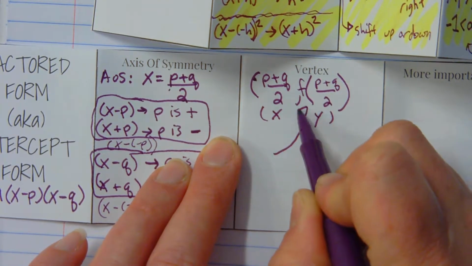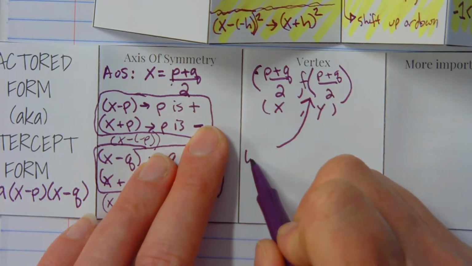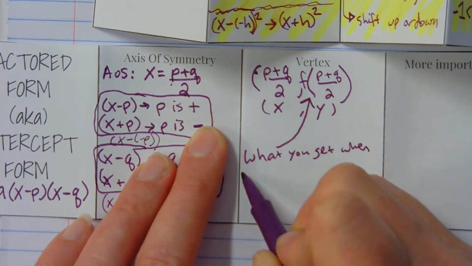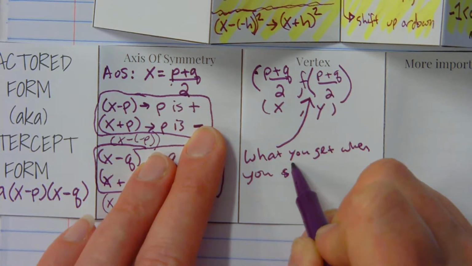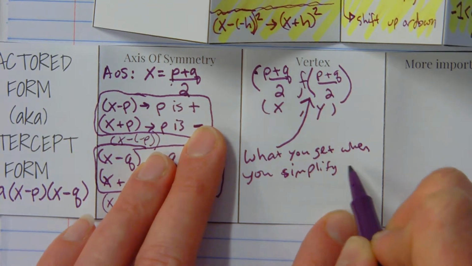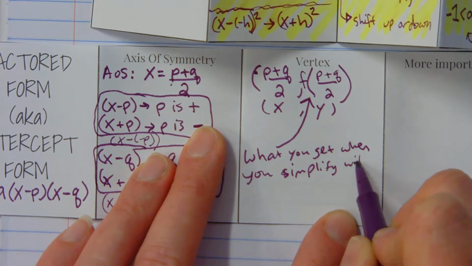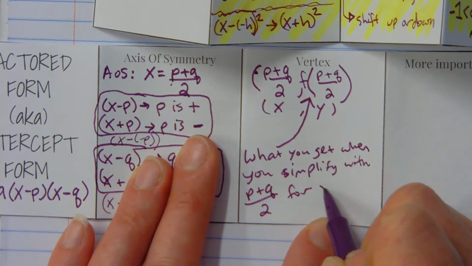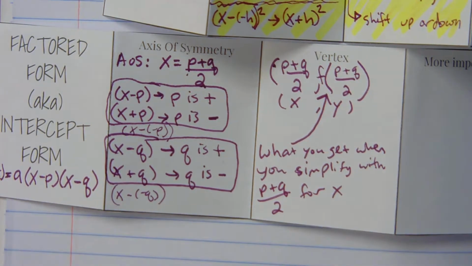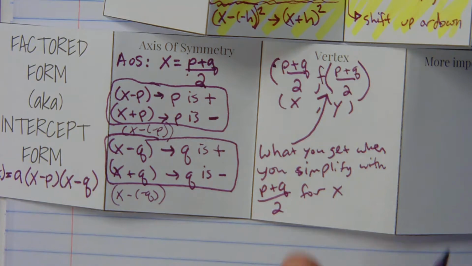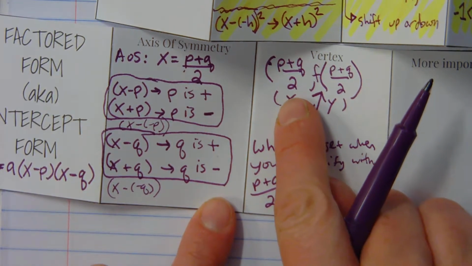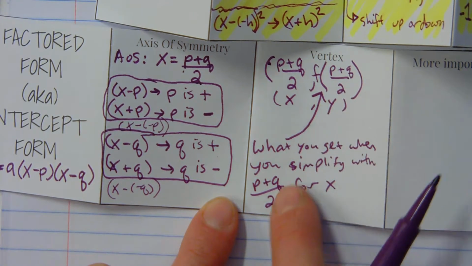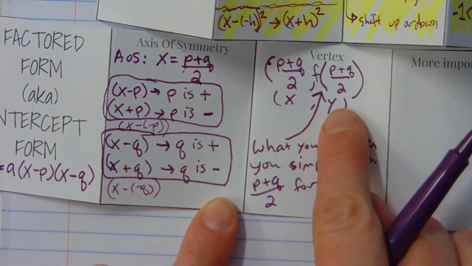And so this value here is what you get when you simplify with p plus q divided by 2 for x. All right, so that's just like what we had with our standard form. You take your x value that you got, so say it was like -3, plug it into your equation, see what you get when you're done, and that's going to be what your y value is.